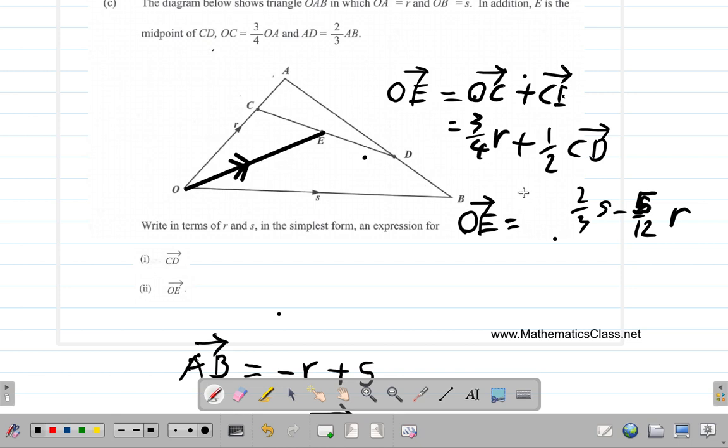So OE is OC plus CE. So it's 3/4 R plus, let me rewrite this.